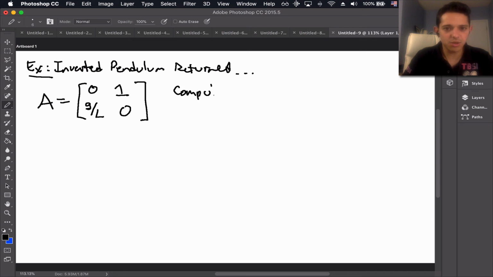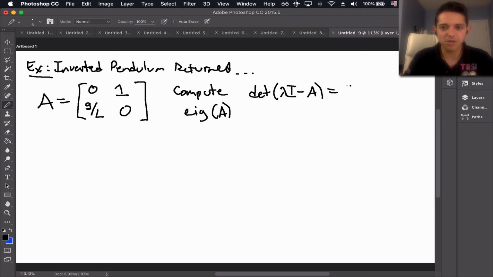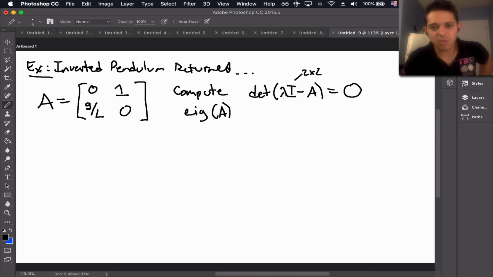So what I need to do is compute the eigenvalues of A. You may remember from linear algebra that computing the eigenvalues of A involves something called a characteristic polynomial, which comes from the determinant of lambda I minus A, where I is the identity matrix. In this case, it's just 2 by 2. I want to solve this equation for lambda.